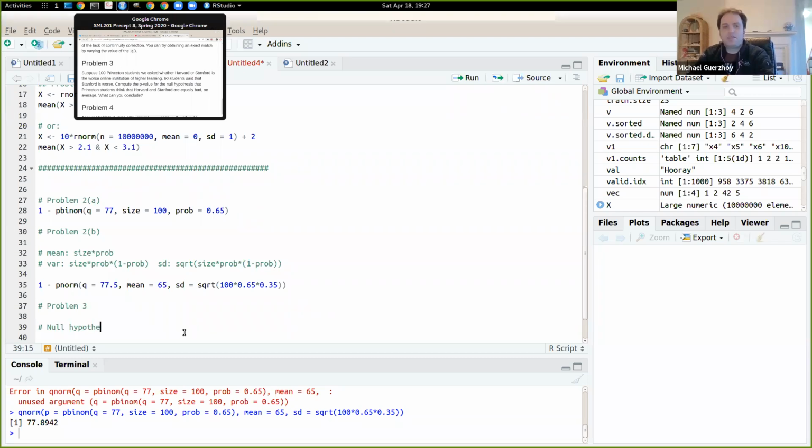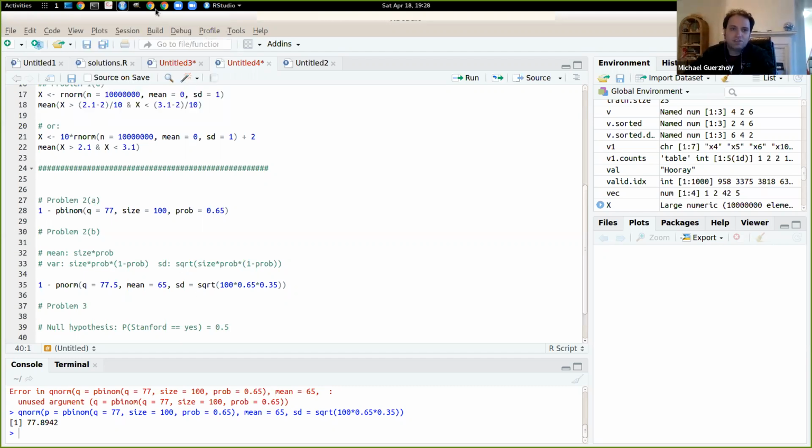The null hypothesis is that the probability that the person said Stanford, so let's say Stanford equals yes, is the worst one, is 0.5. That means that when asked to choose between Harvard and Stanford, they have a 0.5 probability of choosing Stanford.